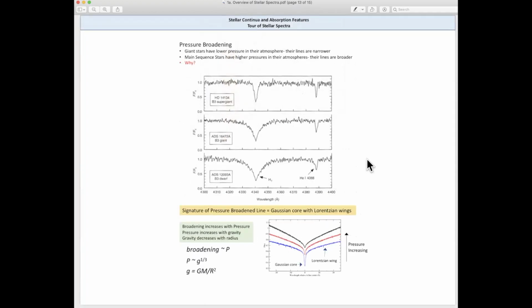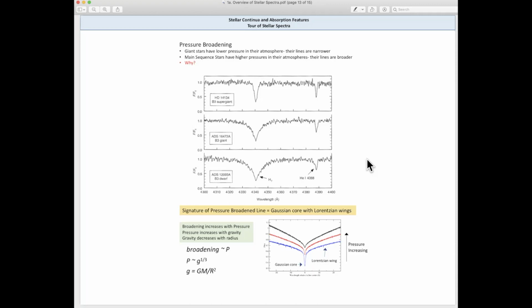All right, I'm just taking a quick fly over here. We're going to talk later in the quarter or semester about pressure broadening, also known as luminosity effects. Let's look at these stellar spectra. At the top, we have a B3 supergiant, so this is obviously a very large radius star.